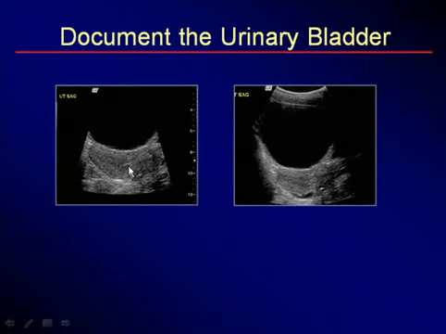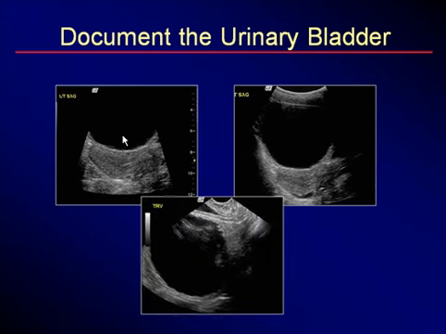In this patient, a young woman in severe pain, it looked like she had a dilated bladder. With the transvaginal probe, as we scanned around, we tried to make sure that we saw the bladder, and we found the little corner.